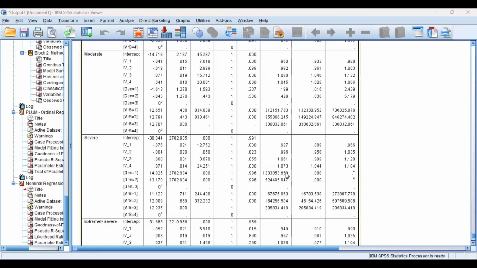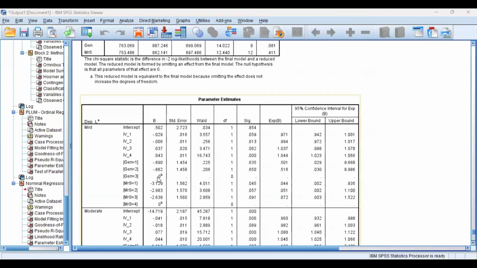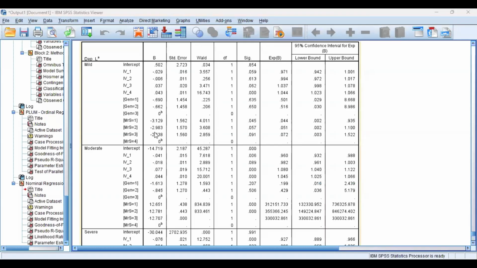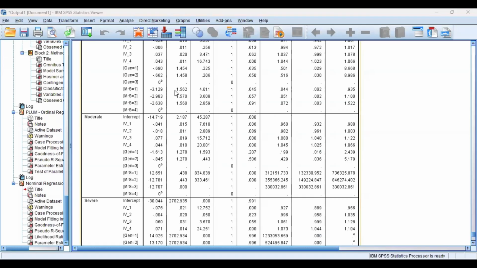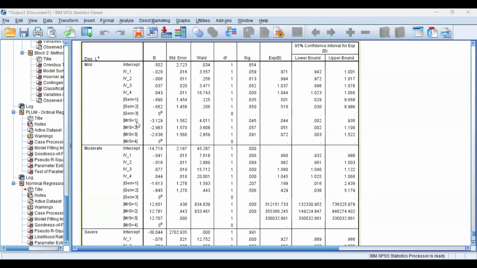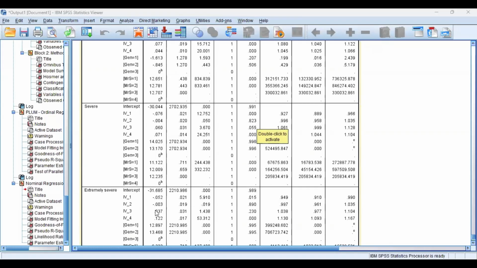And maybe just one last point: if you wanted to go into more detail about how the categorical variables have their effect, for example, if they are significant, like here this level of marital status is significant, you can interpret that by saying that level 1 of marital status compared to level 4 has a significant impact and can actually increase the odds of mild depression compared to normal depression.